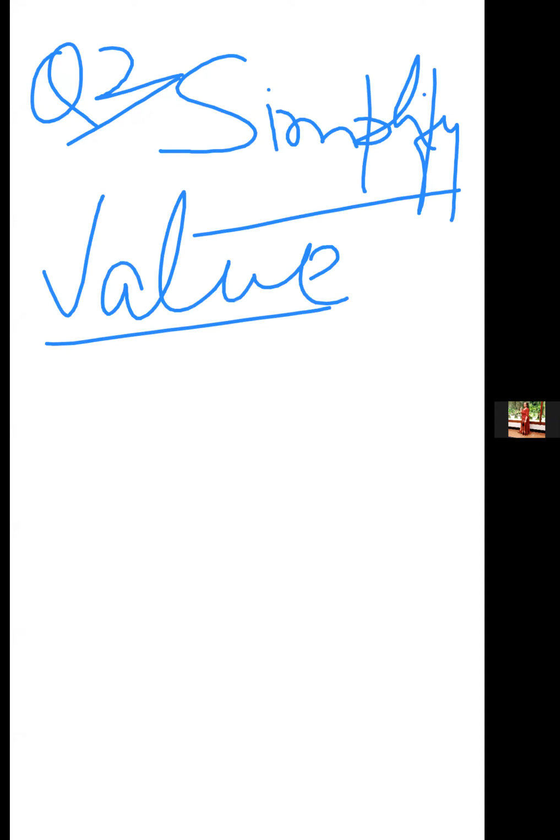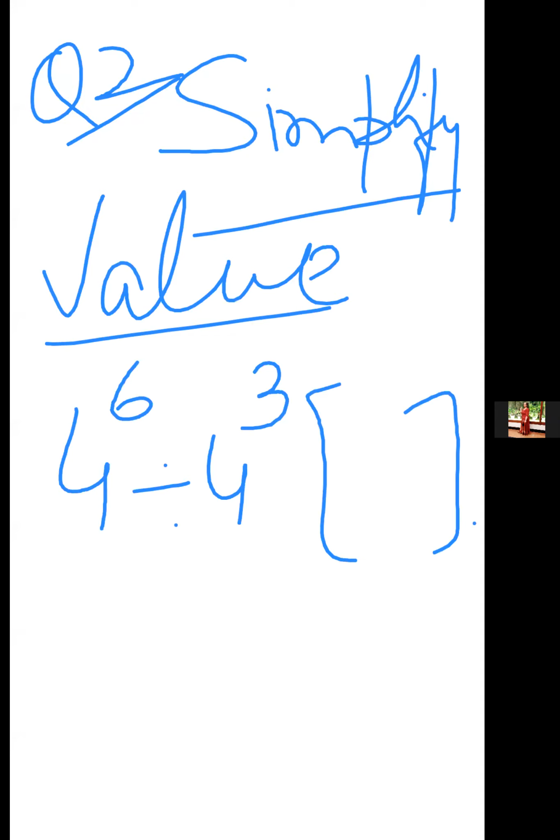ठीक है. Now first is 4 raised to power 6 divided by 4 raised to power 3. Now which law is using here? Law number 2. Yes, law number 2. In division, when bases are same, powers are subtracted. You have to write it here.